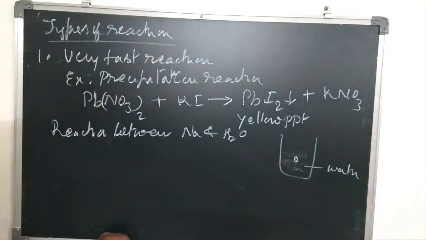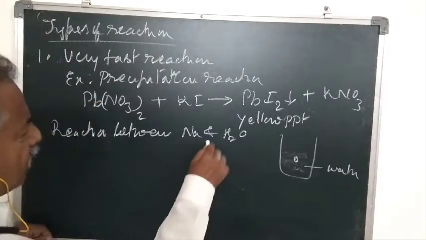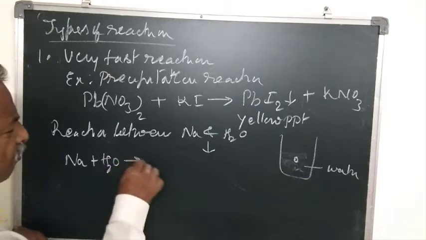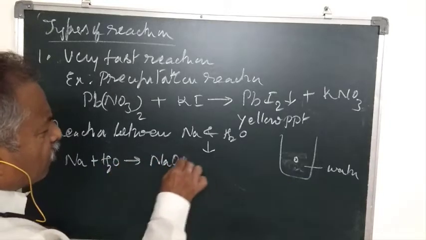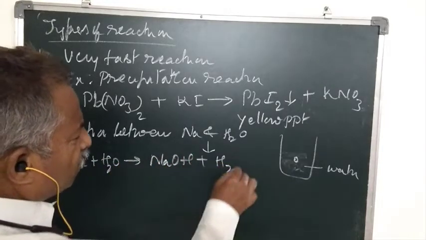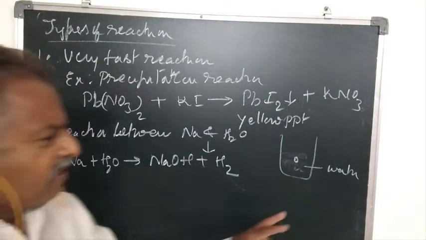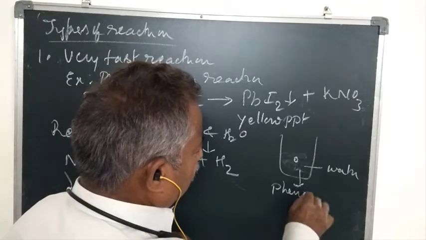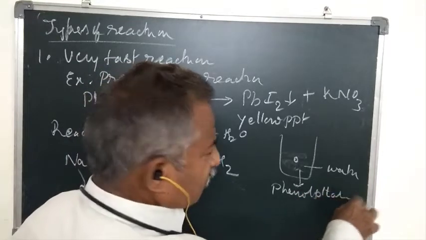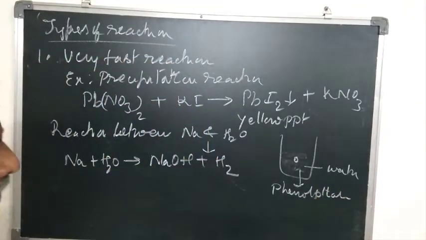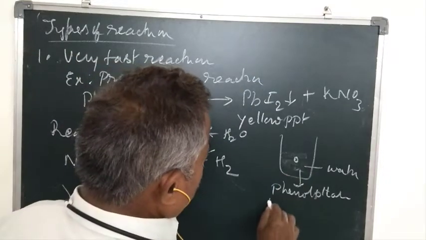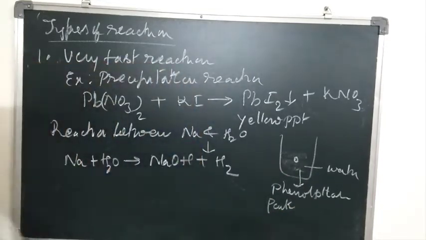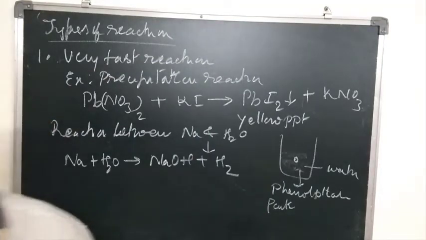Sodium reacts with water and of course we get Na + H2O gives NaOH + H2. Before starting the reaction, if you keep some phenolphthalein, an indicator, what happens? This solution becomes pink, right? So this is an indicator.